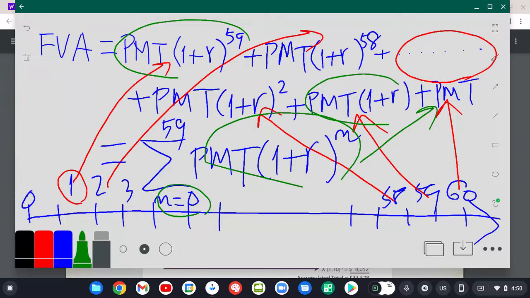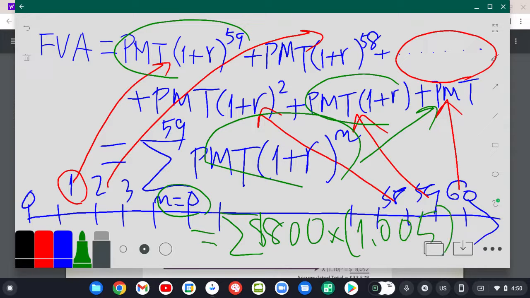But actually think about it. If you want to calculate it, you enter $800 here times 1.005. Why? 6% divided by 12 is 0.5%, right?